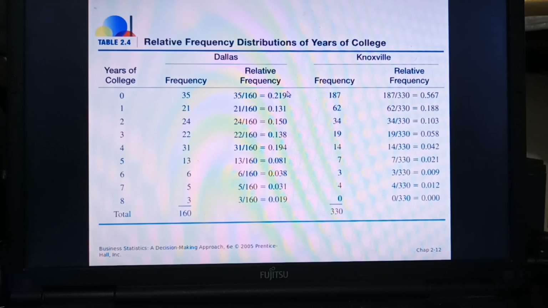If you multiply that by 100, that will be 21.9%. And 21 divided by 160 is 0.131, and so on. The same in Knoxville, frequency 187 divided by 330.